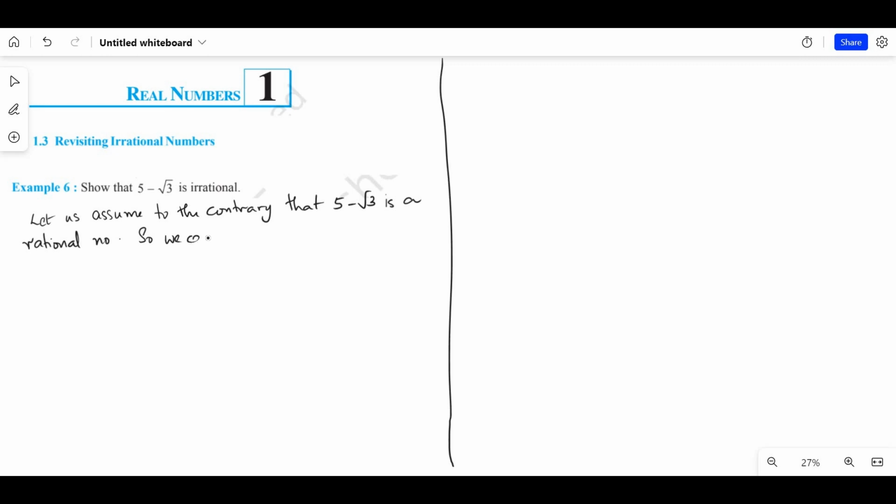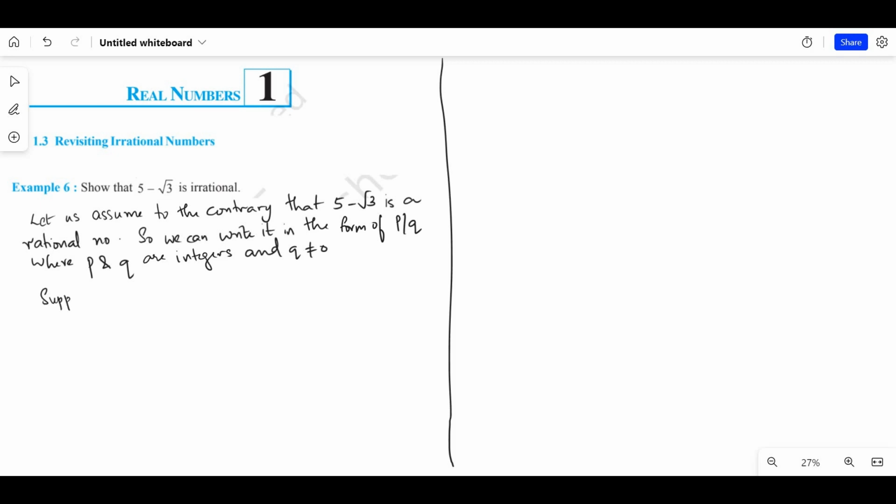So we can write it in the form of p by q, where p and q are integers and q not equal to 0.